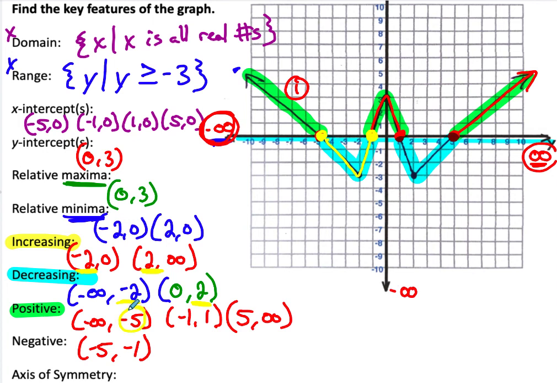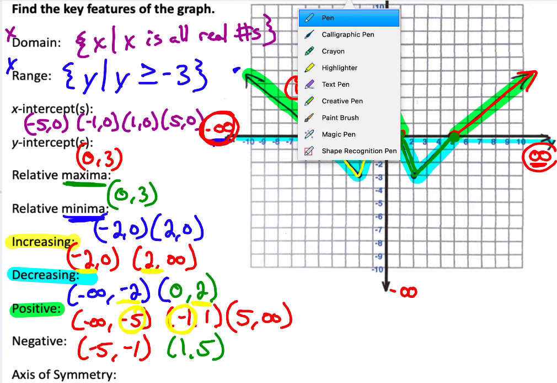Notice that's where one section of positive ended and one section of positive began, because it falls right between there. Then I've got another one that starts at +1 and goes to +5. 1, 5. So you're describing the range of x's that happen to be negative. Well, it's negative in between an x of 1 and an x of 5.